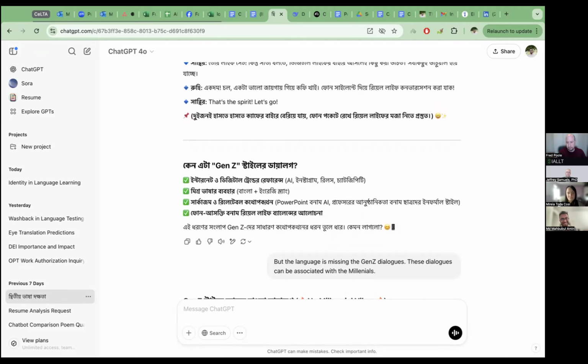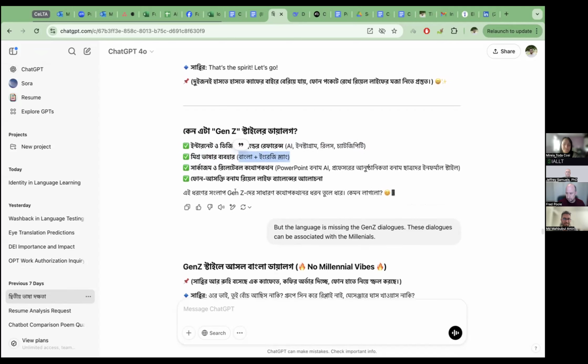It also explained why it's Gen Z: it mentioned AI, Instagram Reels, ChatGPT, mixed Bangla and English, sarcasm and other aspects.